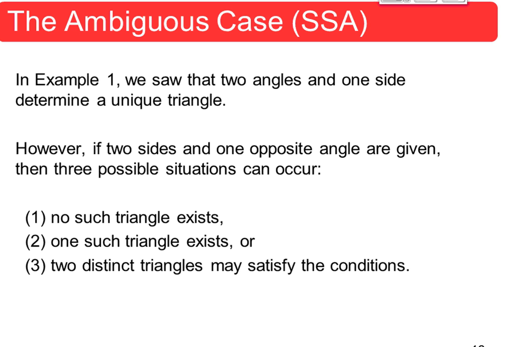However, if we have two sides and one of the opposite angles, it appears as though we're always going to have a side and an opposite angle, so our first thought is, oh, it's just going to work. But it can happen that no triangle exists, which is when that third side just hangs there and isn't long enough.